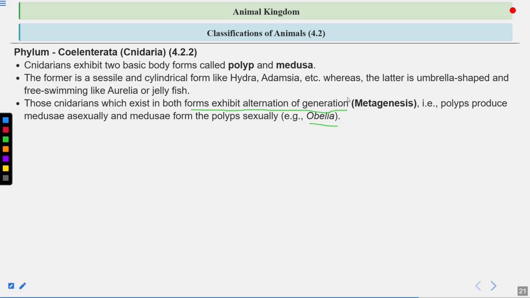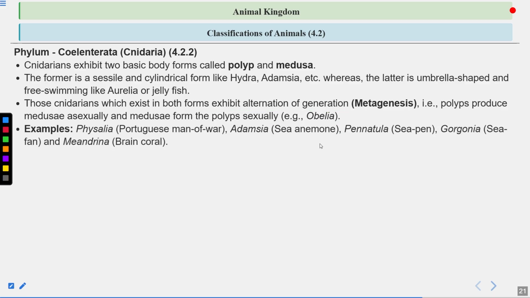And metagenesis is seen in the organisms that exhibit both polyp and medusa. So the polyp produces the medusa stage by the asexual method, and the medusa produces the polyp stage by sexual reproduction. That is what we see in the case of Obelia with both the stages. So metagenesis can be seen in the case of Obelia.